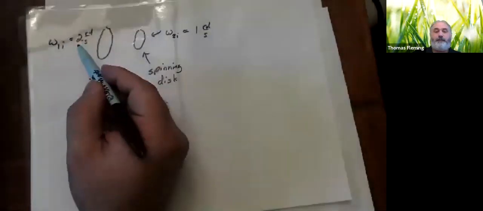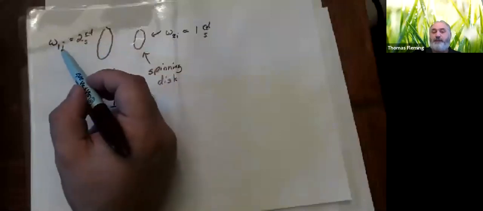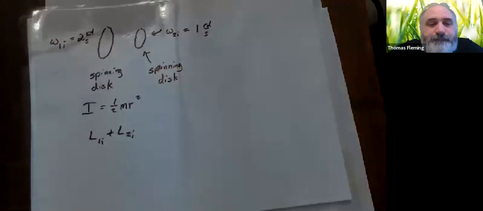Wait, what does that say up at the top? Yes, I'm saying that the angular velocity of this initially, so omega 1 initial, is equal to 2 radians per second. Got it? Yes, I got it. I totally did.